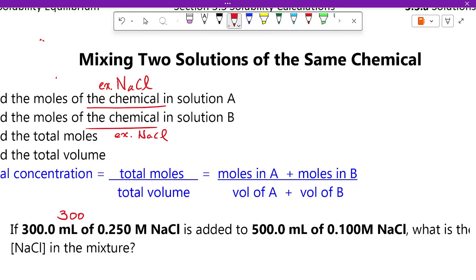We have 300 milliliters of 0.250 moles per liter, which gives us, liters cancel out, 300 times 0.25 equals 75, and we are left with millimoles. Okay, so that's our first one there.